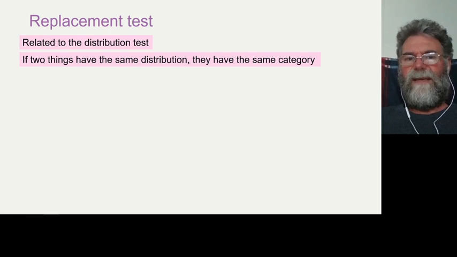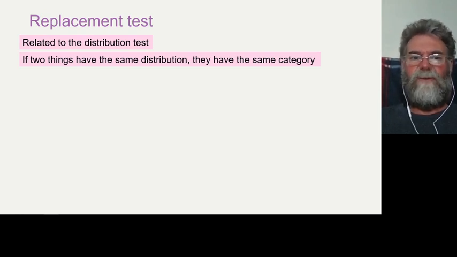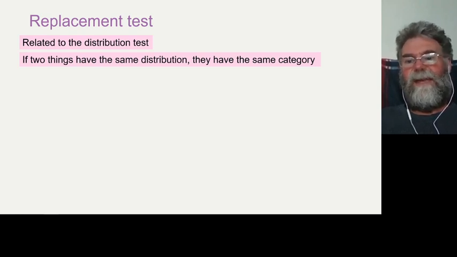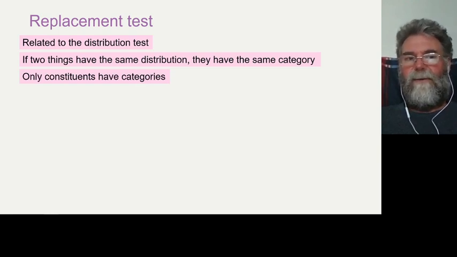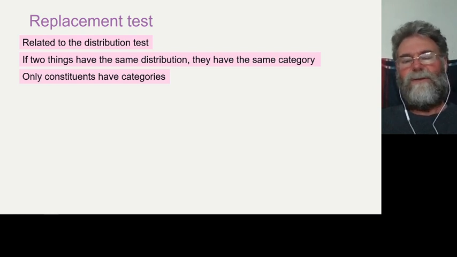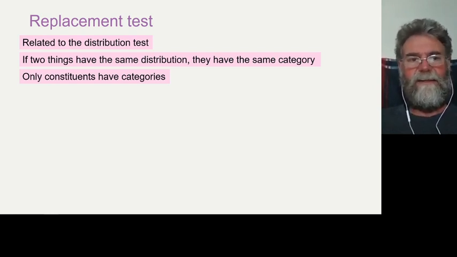So if two things have the same category, they have the same distribution, and if you turn it the other way around, if two things have the same distribution, then they have the same category. And, of course, only constituents are going to have categories. The grammar isn't going to give a category to something that it doesn't recognize as being part of the sentence. Two words that just happen to be next to each other in a particular sentence are not going to have a category.